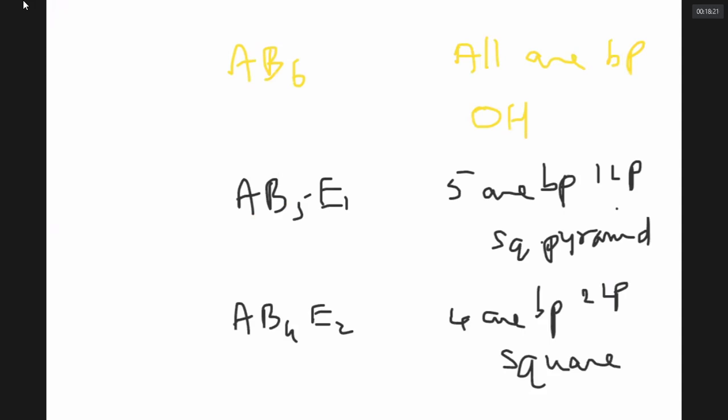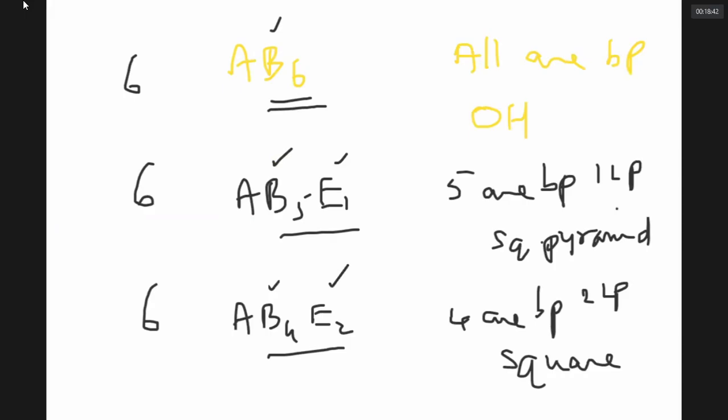Now, what is the total number of electron pairs on the central atom? In this case, 6. In this case, also 6. In this case, also 6. Here, all the 6 are bond pairs. Here, 5 are bond pairs, 1 is a lone pair. Here, 4 are bond pairs, 2 are lone pairs.